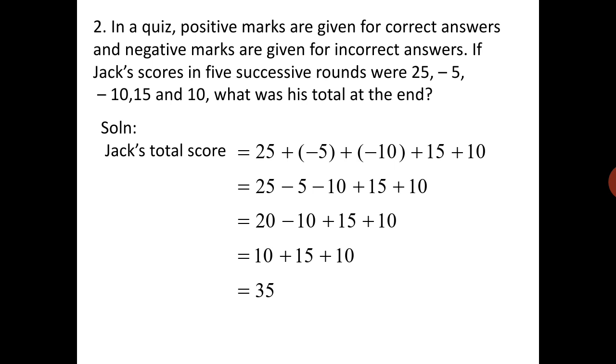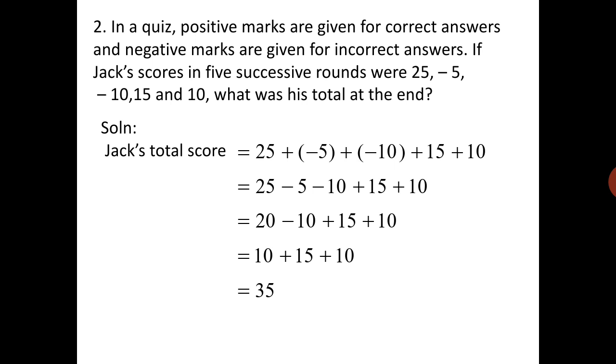Now, the second step for solving such a question: 25 is a positive number, so it is just written as it is. The next, it was plus minus 5. The product of plus and minus is minus.